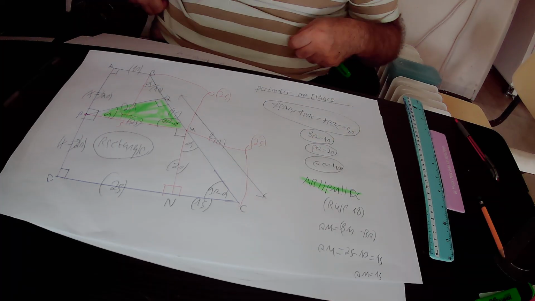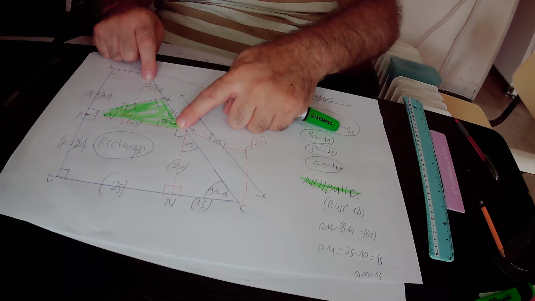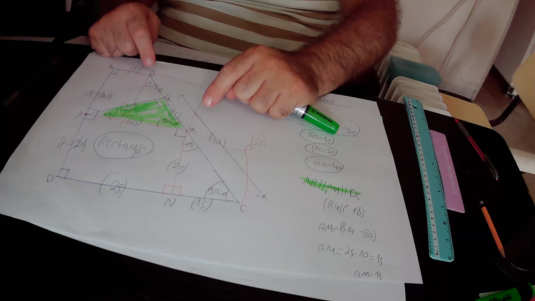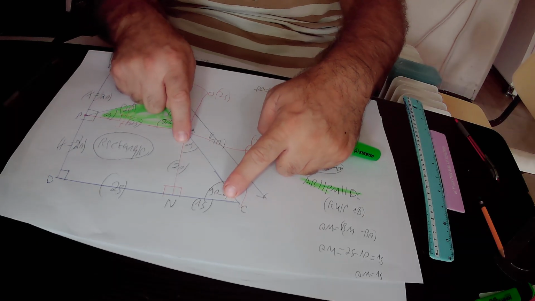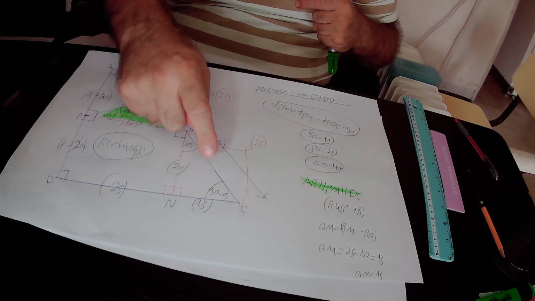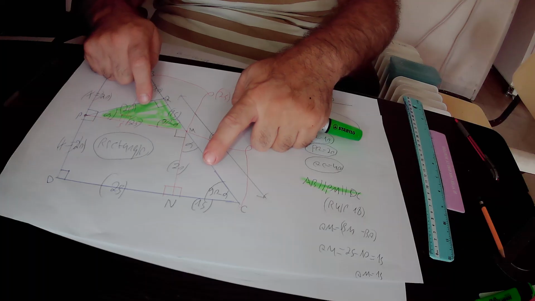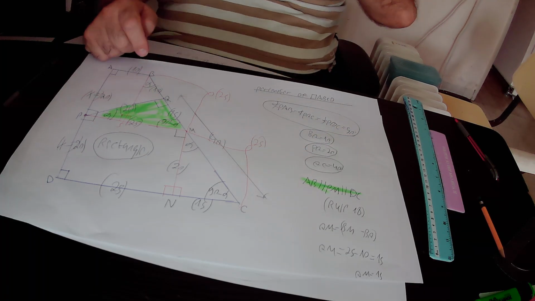So recall that those two angles and the side included between them, that is side BM in the right triangle BSM, correspond to equal angles and the included side MC in the right triangle MNC. Therefore those two right triangles are congruent according to the angle-side-angle rule.